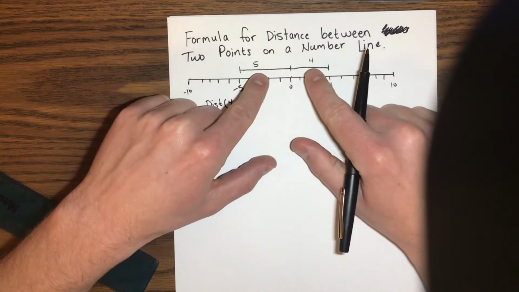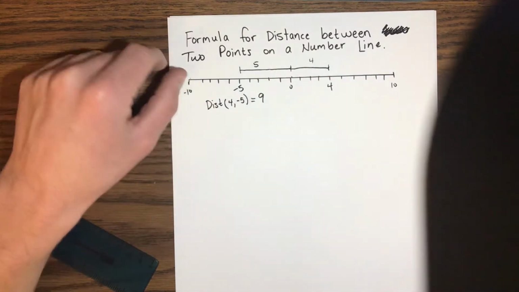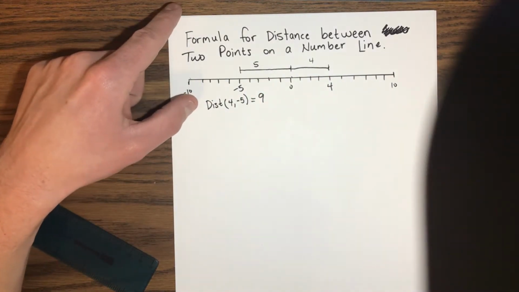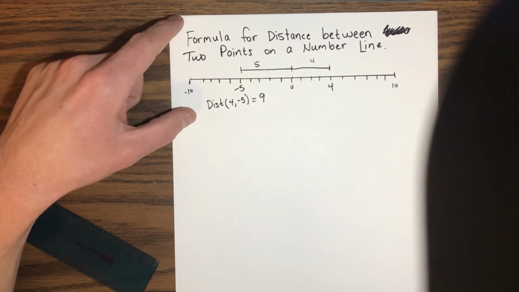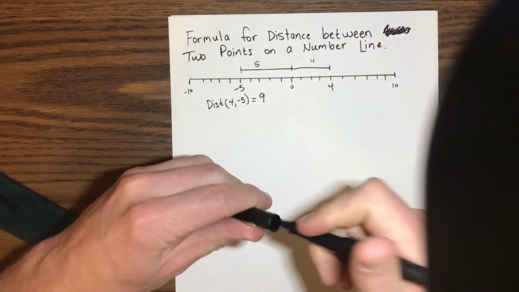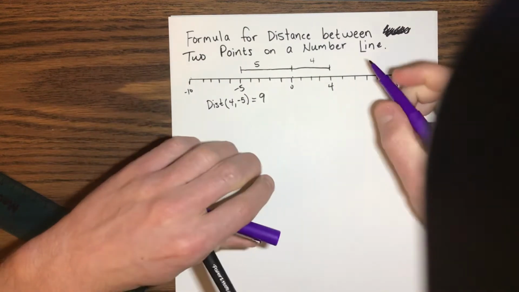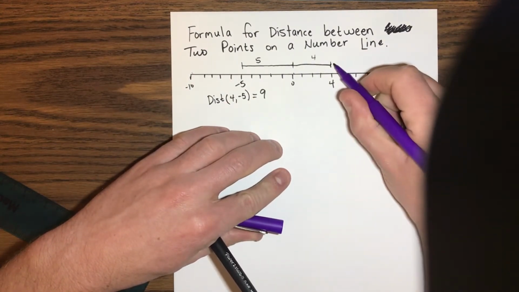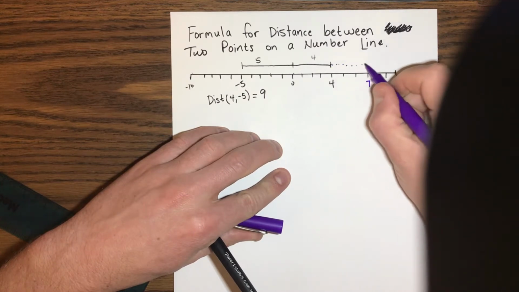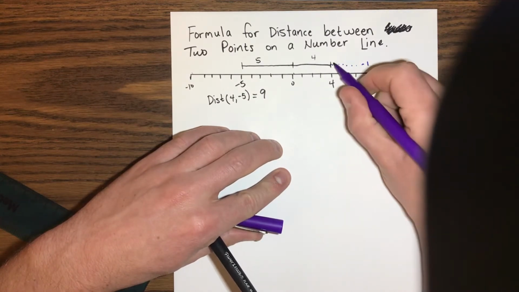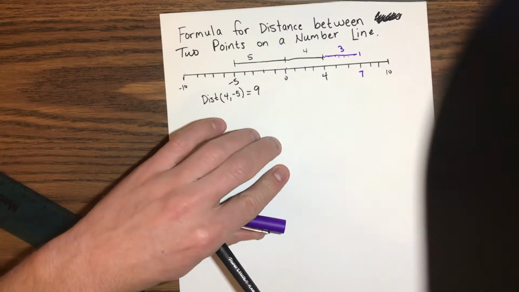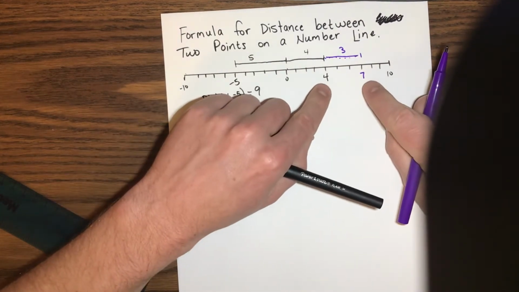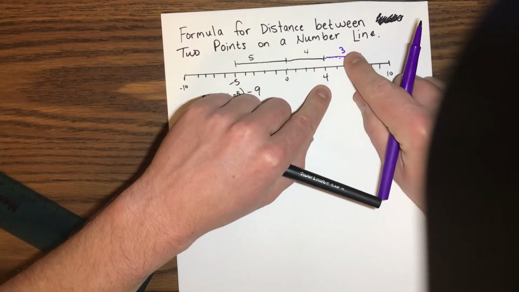And well, we could just do 5 plus 4, but it turns out that adding isn't a good rule for other examples, because if I wanted to do the distance between +4 and +7, this distance here, which I think you can easily see is 3 spaces, well, there's no good way I could use 4 and 7 and add to get a 3.